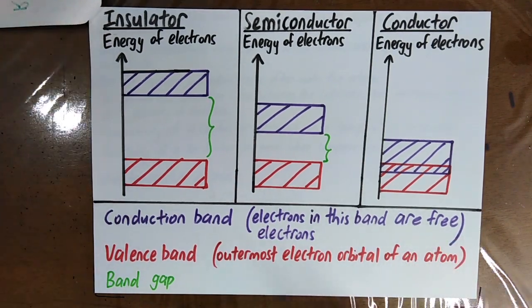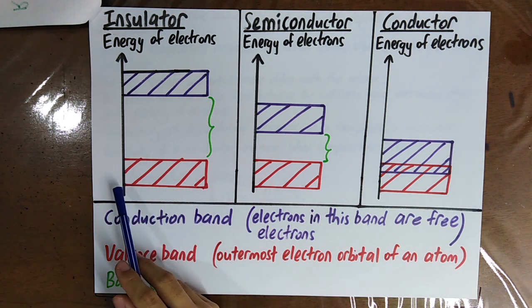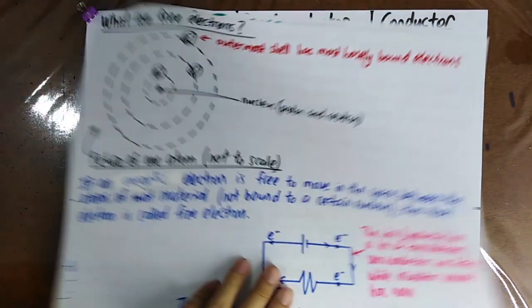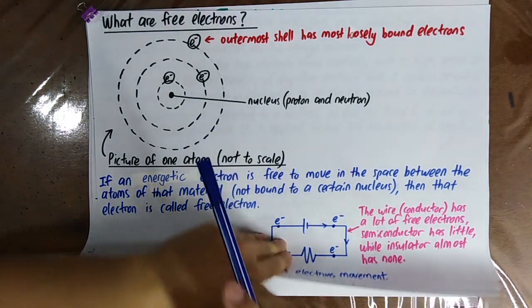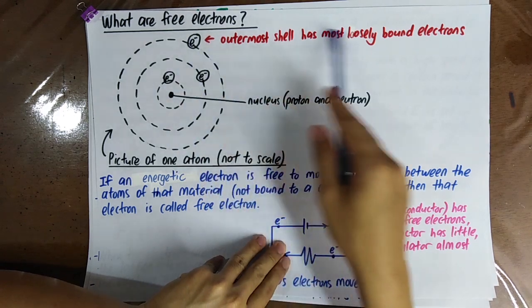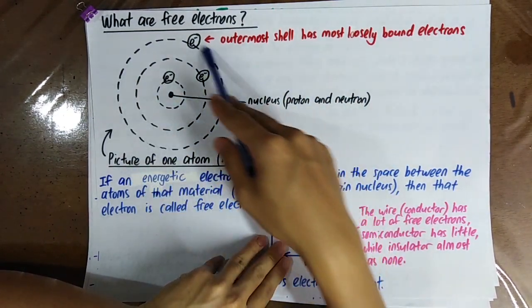So you know that the electron in the conduction band is a free electron. And the red color represents the valence band. That is the outermost electron orbital of an atom. You remember the valence band means the electrons in the outermost shell.